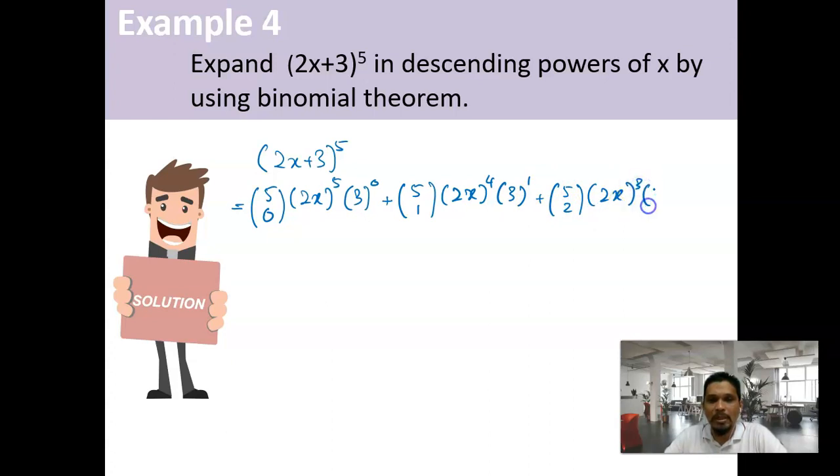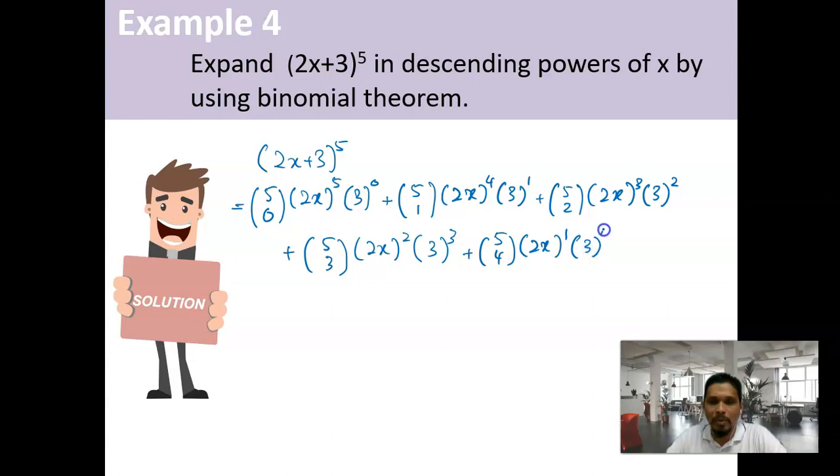2x to the power of 3 and 3 squared, plus 5. Okay, 5 choose 0, 5 choose 1, 5 choose 2, 5 choose 3. 2x to the power of 5, 4, 3, and 2, 1, 2, and 3. 2x to the power of 1, 3 to the power of 4, plus 5 and 5. 2x to the power of 0, 3 to the power of 5.